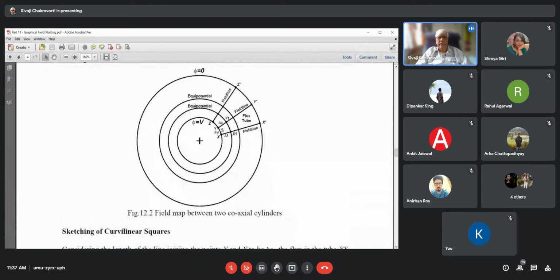I repeat, I take the point X and then I move perpendicular to the conductor, take a small length del L, and I identify the point X1. Then I take a small length del S and I identify the point Y, and again I move perpendicular to the conductor and I identify Y1, and then I join X1 and Y1, and that becomes my first equipotential.